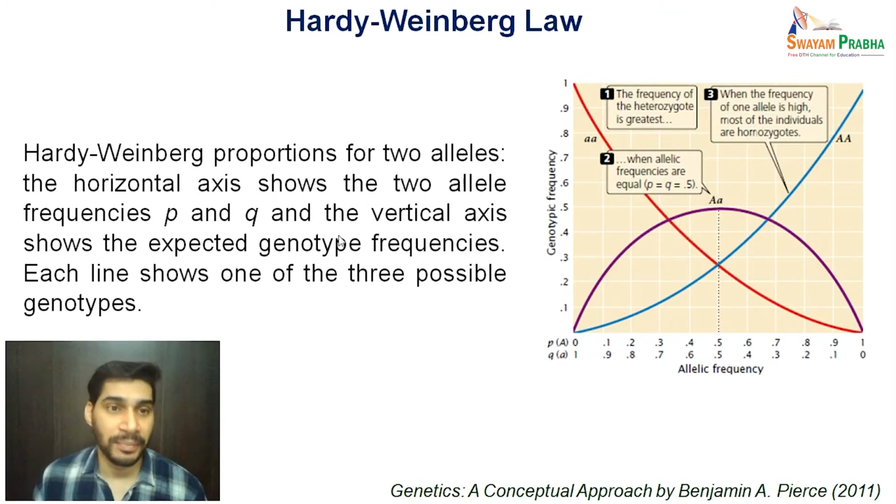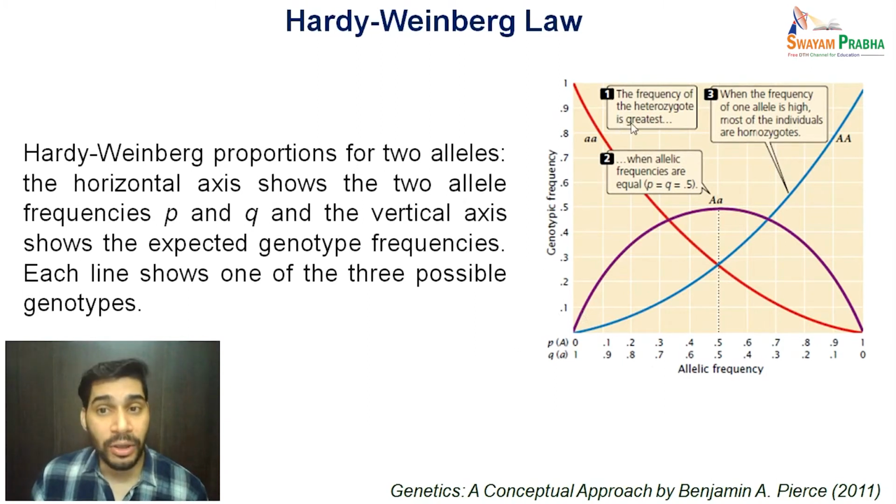Here you can see the Hardy-Weinberg proportions for two alleles. The horizontal axis shows the two allele frequencies p and q, and the vertical axis shows the expected genotypic frequencies. Each line shows one of the three possible genotypes.